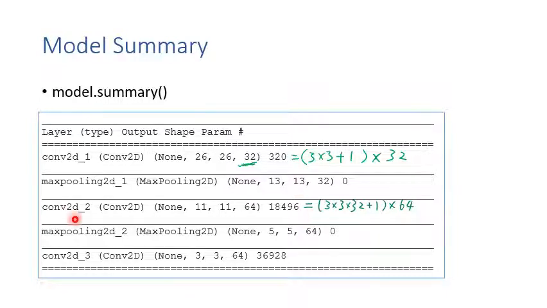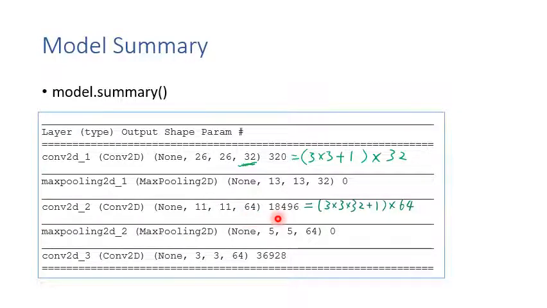For the second convolution layer, the ID is conv2d_2. The parameter count is much larger than the first layer because now we have a larger input dimension. The size of the convolutional filter is 3 by 3 by 32 plus 1 bias, and now we need to multiply the filters by 64 because we have a 64 output dimension.